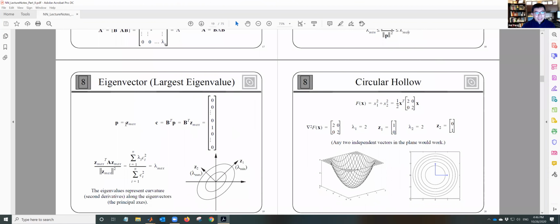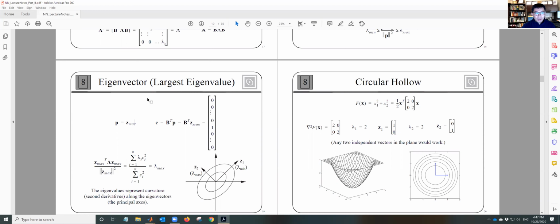Now, if we take the largest eigenvalue and also the eigenvector, so if we set P to be the largest eigenvector, then what you are going to get is C equals B times P, because P equals Z max. So at a particular location, you should have a C. This C is a vector.